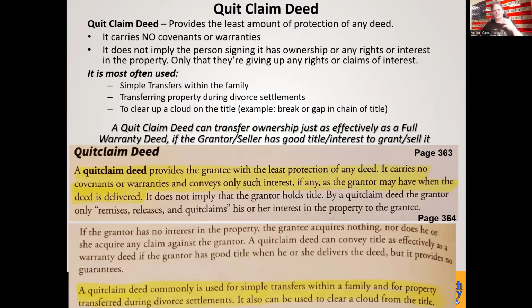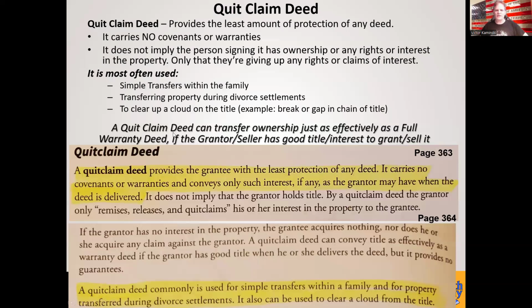However, you could just as effectively transfer the ownership by giving up your interest if you have good full ownership interest in the property at the time you sign it. But it doesn't even make that claim. Okay.